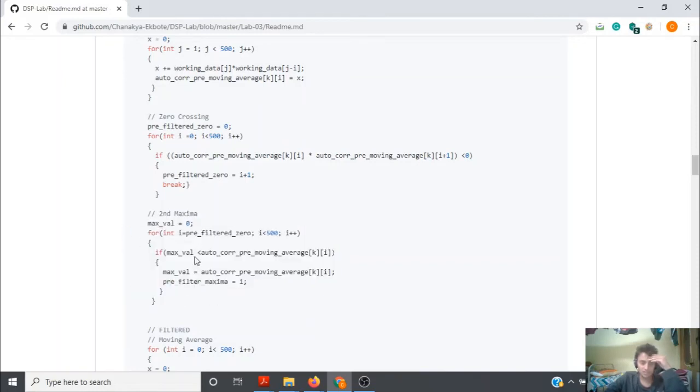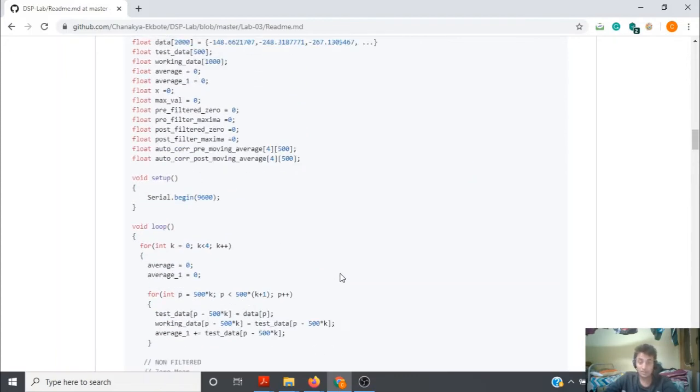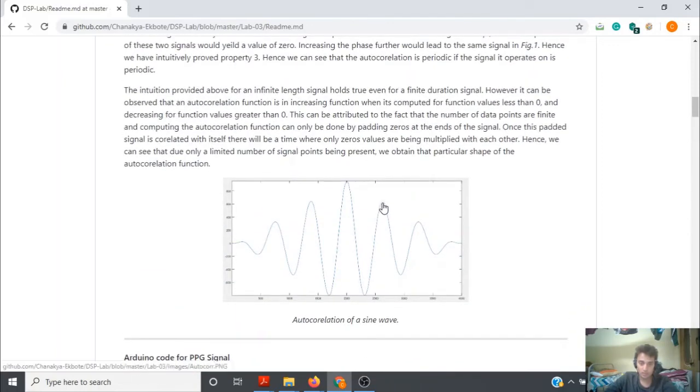It keeps on checking for the maximum value from a range of the first zero crossing till the end of the data, and if it finds any maximum value, it will replace the original max value with that, and the pre-filter maxima location with the location of the data. So now since you have the location of data as well as the second maximum value, you essentially have the location of where you get a second maximum.